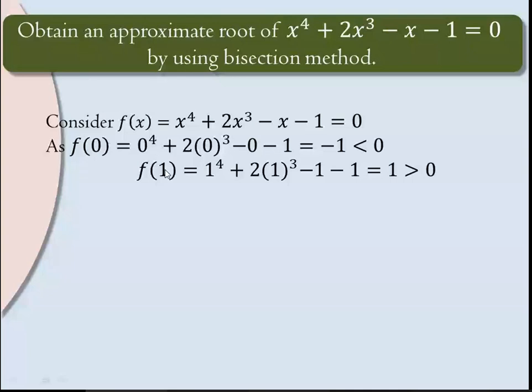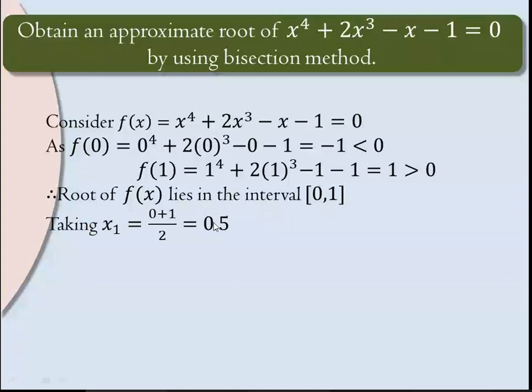Okay, as we are getting opposite signs, we have to continue this until we get opposite signs, and for whichever consecutive numbers we get opposite signs, those points form an interval. 0 to 1 is the interval. Take half of it. 0 plus 1 by 2, it will be 0.5. Put this 0.5 into the function.